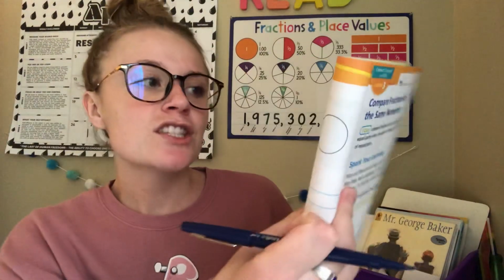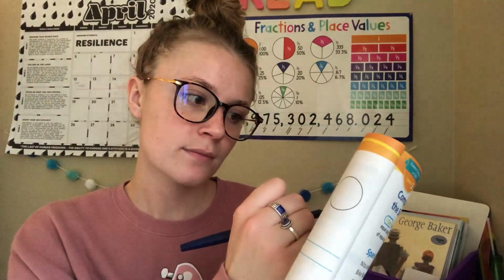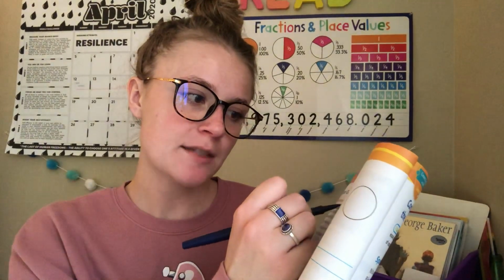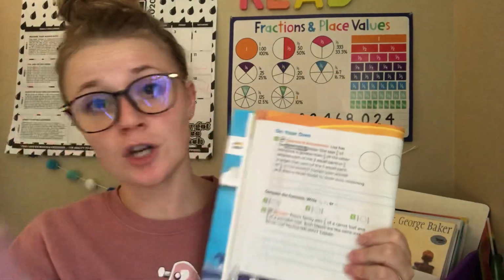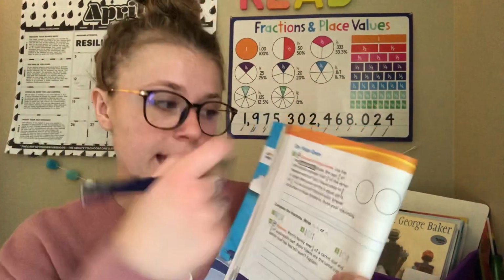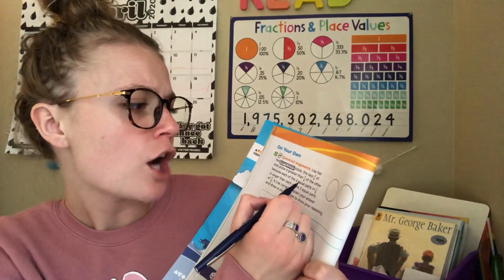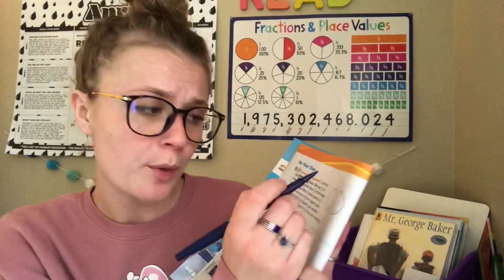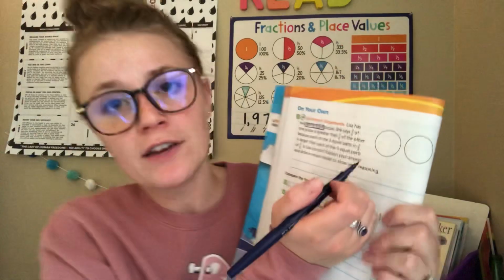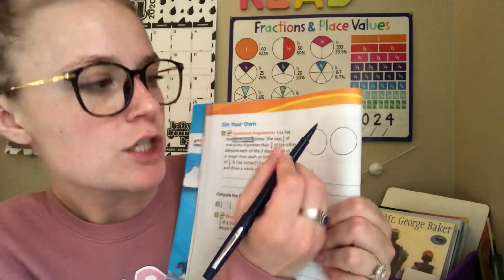So she has 2 same-sized pizzas. So they're the same whole, so we can compare them. Both of them are divided into 8 equal parts. So I'm going to divide these circles into 8 equal parts. Watch how I do this.